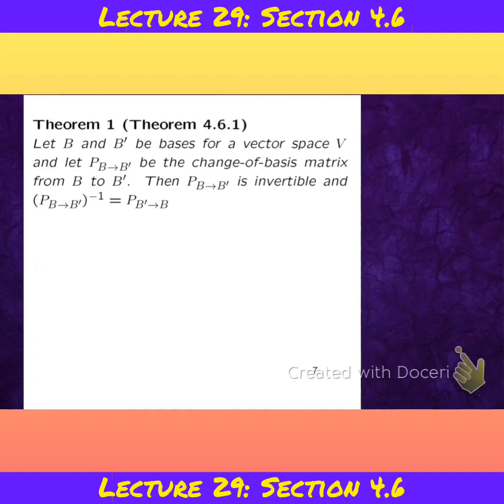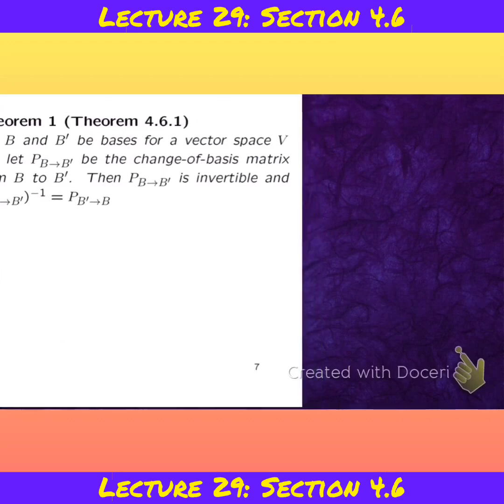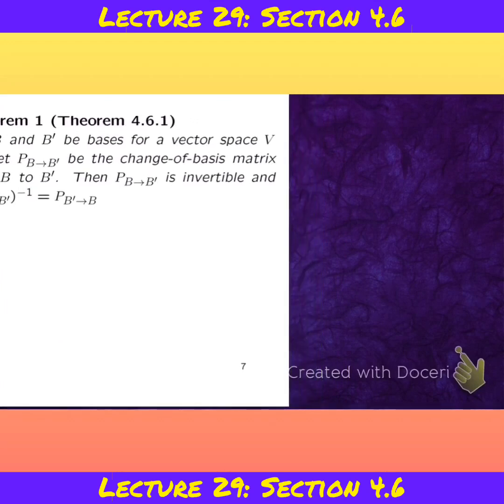Right, and we can sort of see that P from B to B prime is invertible. Recall the equivalence theorem: if you have that matrix set up there, and b is an n by 1 matrix, then we said that A is invertible if and only if this system has a solution, or is consistent, for every matrix b.